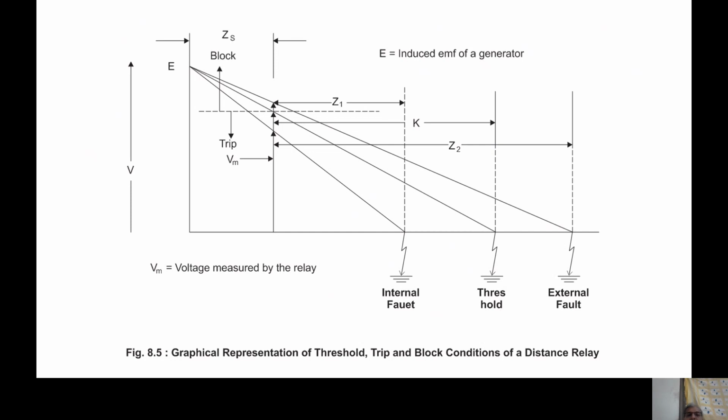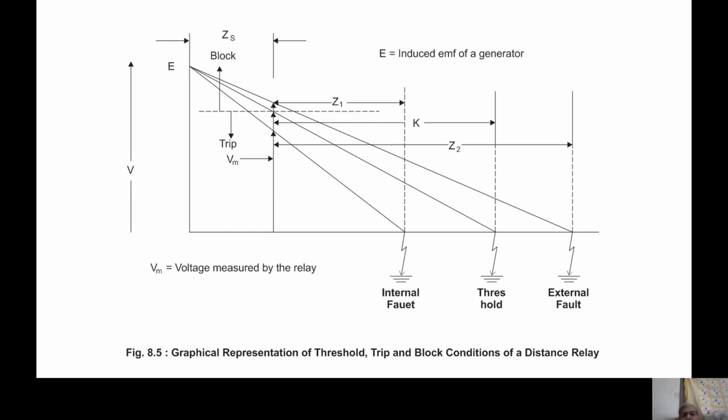Z1, Z2 and K. What is Z1? Z1 is not equal to K. Z1 is less than K, you can see, because Z1 is less than threshold, so the relay operates. Z2 is more than K, so the relay blocks, right?